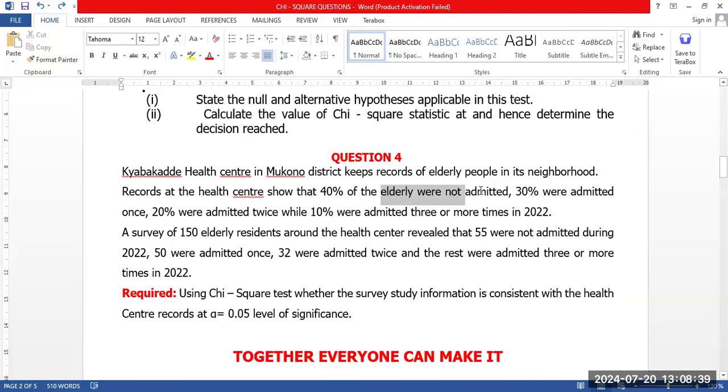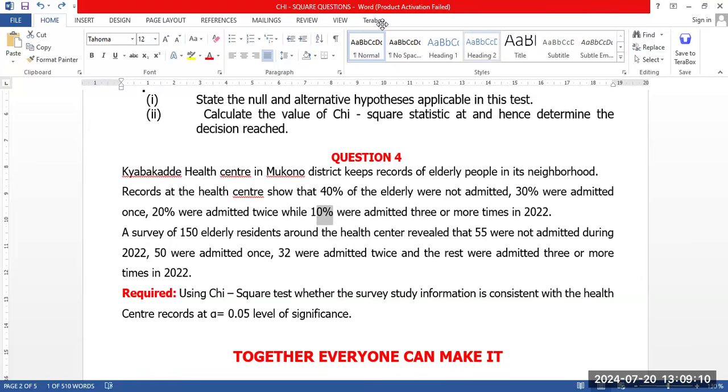To elderly that were not admitted. So this can be like the probability of elderly that were not admitted. Then here, this is the portion for those that were admitted once. Then this is the portion that were admitted twice. This is the portion that were admitted 3 times or more.